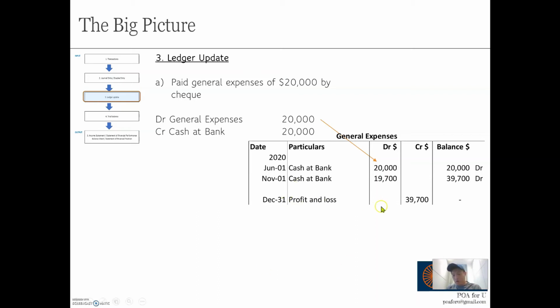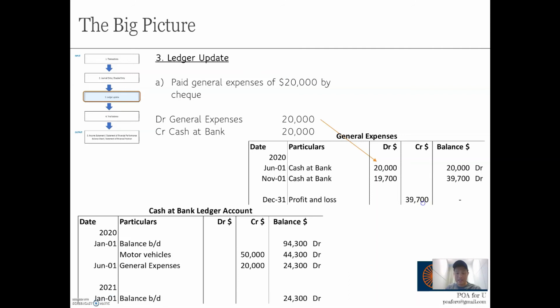Instead, it will be closed off to the profit and loss, the statement of financial performance account, and the particulars will always be closed off as profit and loss. So you bring it to the statement of financial performance account when you prefer to have a ledger like that. That's the difference between an expense type of account versus a statement of financial position type of account, which you see here as the cash at bank ledger.